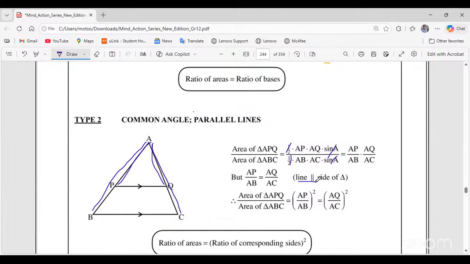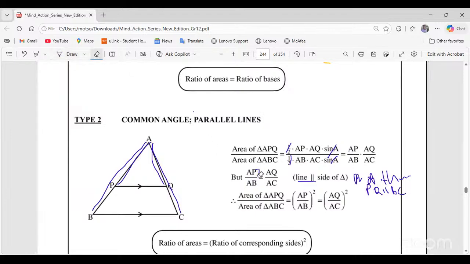Because there is a line parallel to the side of a triangle, or you can say the proportionality theorem, because PQ is parallel to BC. Now this wants to show us something. Since this over this is equal to this over this, you can just take one ratio, just like they did here, and square it.